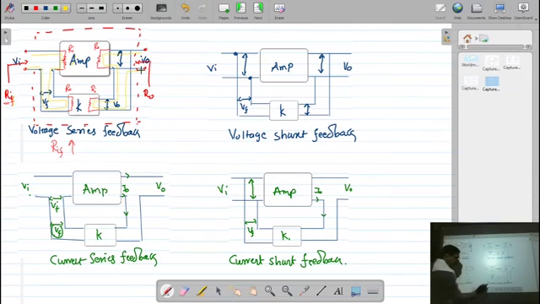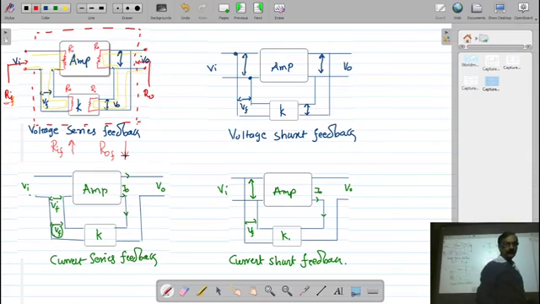In a parallel combination, you already know that the resistance is going to decrease. So we can say that the ROF, the output resistance with this feedback, is going to decrease. This is a characteristic of a voltage series feedback: input resistance increasing but output resistance decreasing.